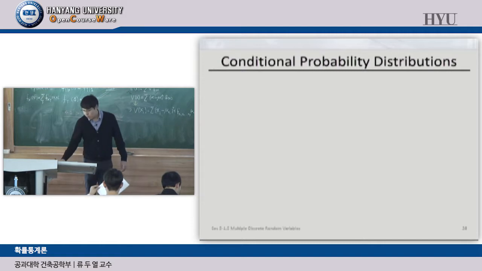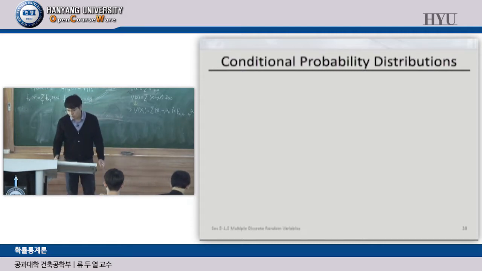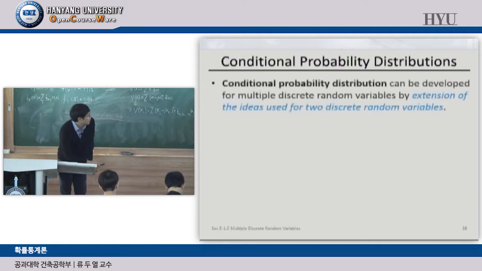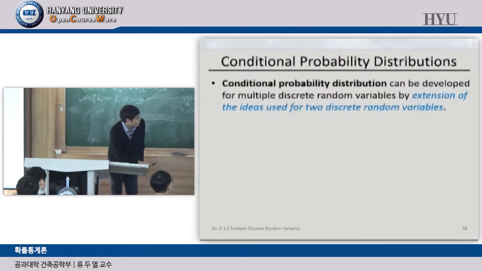And the next concept is the conditional probability distribution. The conditional probability distribution can be developed for the multiple discrete random variables by the simple extension of the ideas used for the 2 discrete random variables or 1 discrete random variable.